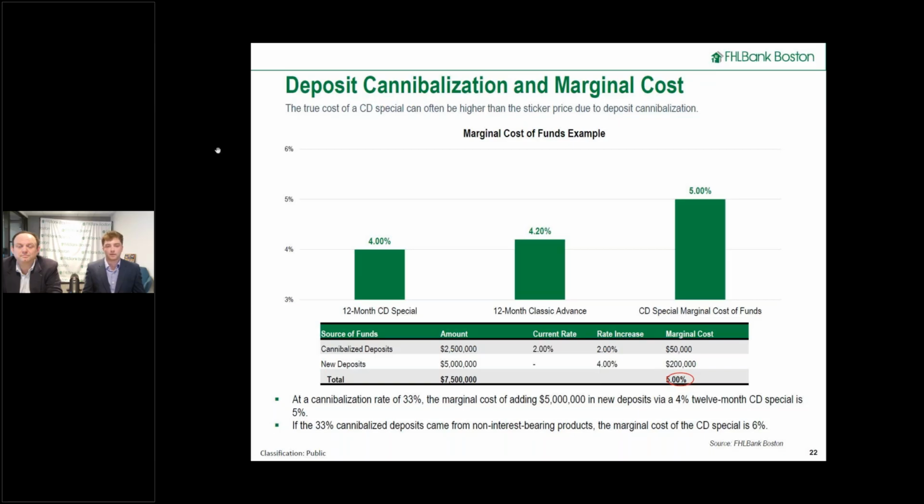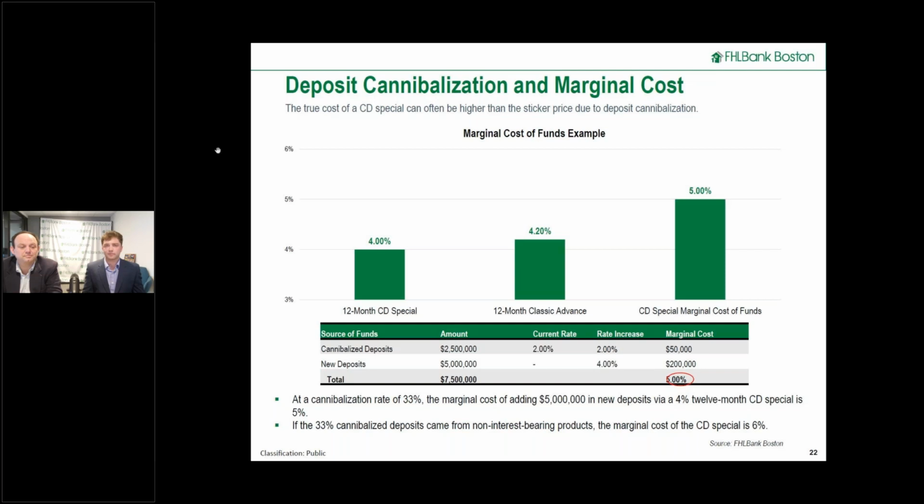While the choice may seem obvious at first glance, if just 33% of the deposits you bring into the 12-month special come from your existing 2% deposit base, the marginal cost of that CD special is 5%. And this is because to raise those new deposits, you need to not only pay the 4% on the new special CD funds, but you're also now paying 4% instead of 2% on all of the cannibalized deposits.